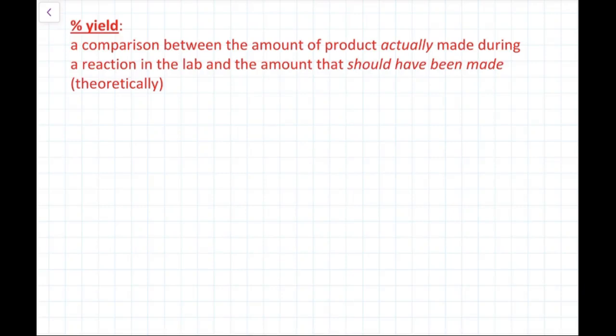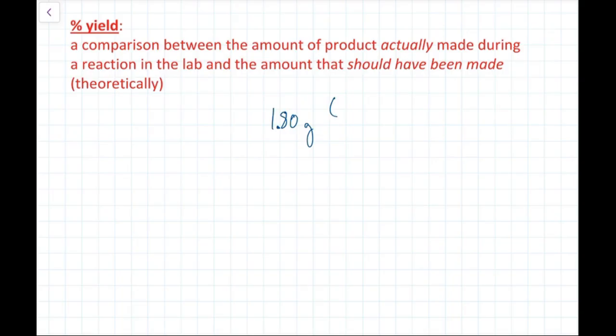Percent yield is just looking at a comparison between what we actually make in the lab and what we should have made according to the math that we do. So if you look at the lab that we did last time, making sodium acetate, let's say, for example, you find out that you made 1.80 grams of sodium acetate.